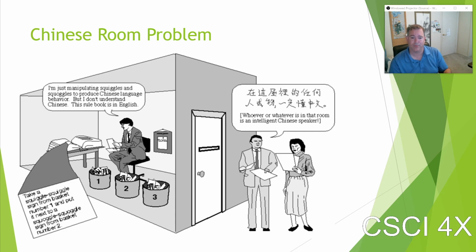And the answer is no. The person who was doing all of this work has no concept of meaning. The person cannot speak Mandarin, has no idea what's being said. There's no conscious experience of understanding the meaning. But to the people on the outside, it'll fool them into saying, oh, look, that person clearly reads and speaks Chinese.